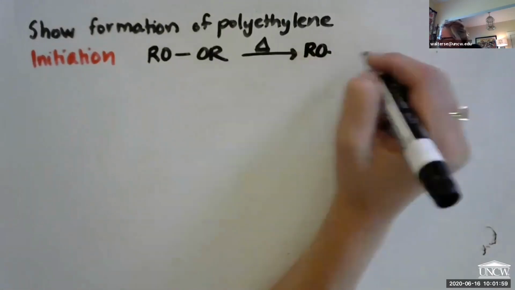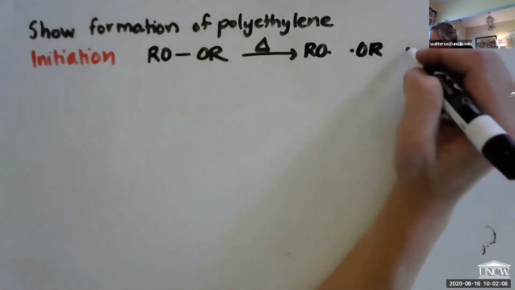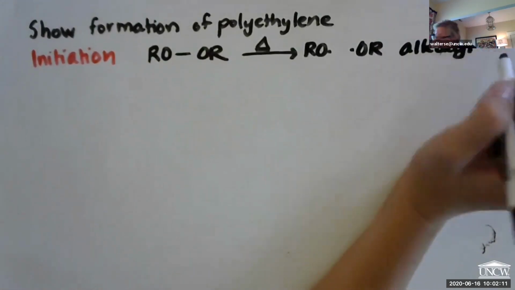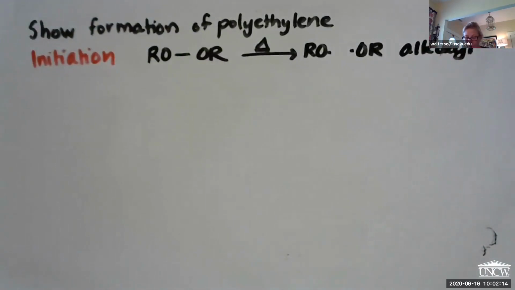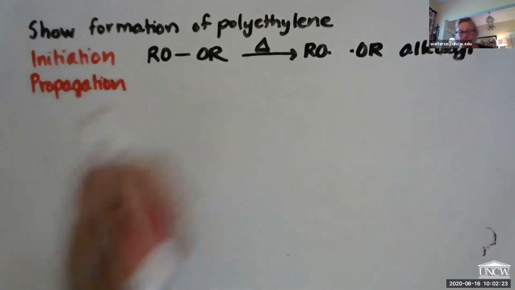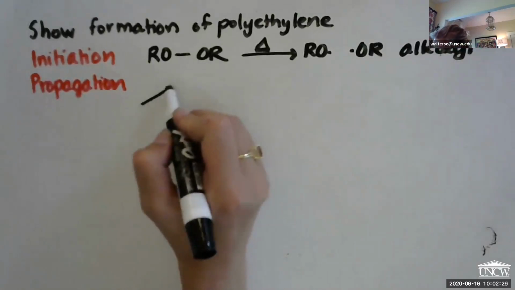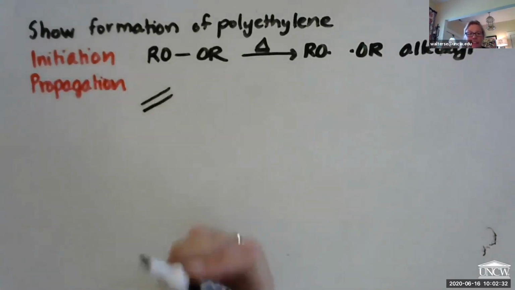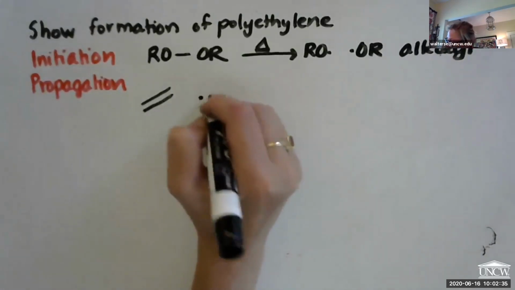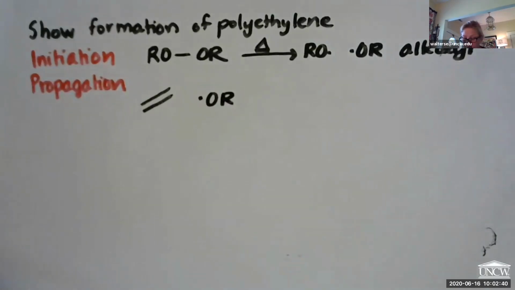And you make these 2 radicals, they're identical, and they're called alkoxyl radicals. Then you're going to have a series of propagation steps. So we have to move the radical around. So what we're going to do is draw our ethylene monomer with our alkoxyl radical.